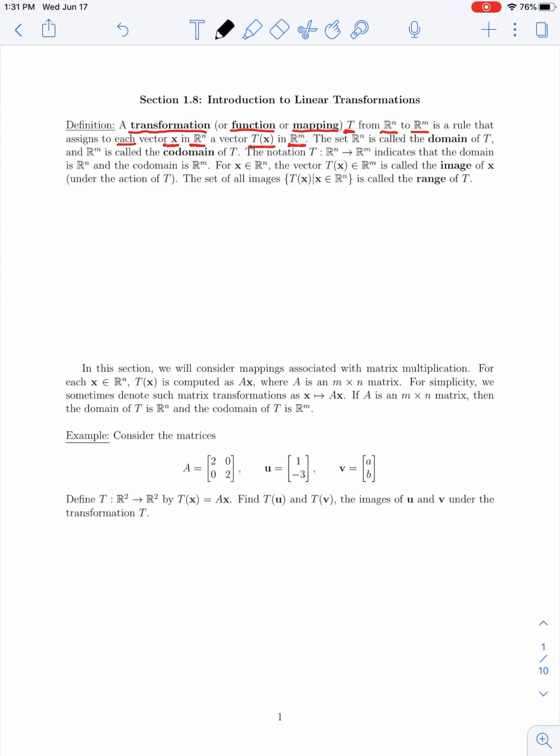Visually, we can think about a transformation as just a function.